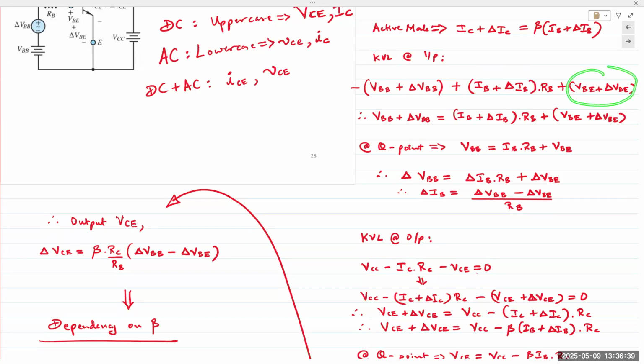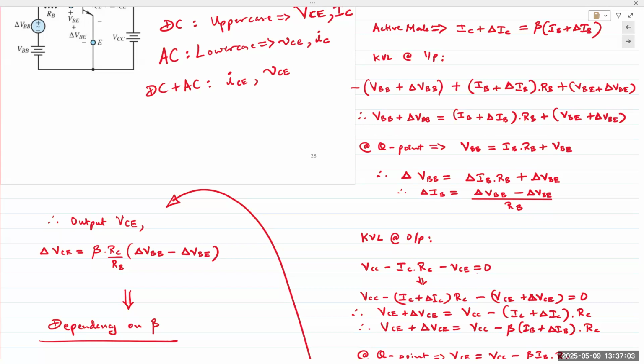And you have VBE, again, DC plus AC. You rearrange the terms, and you obtain this expression. Again, the expression is still the same. VBB is IBRB plus VBE. But everything else has an AC component.